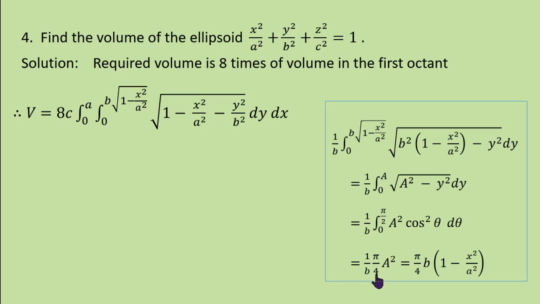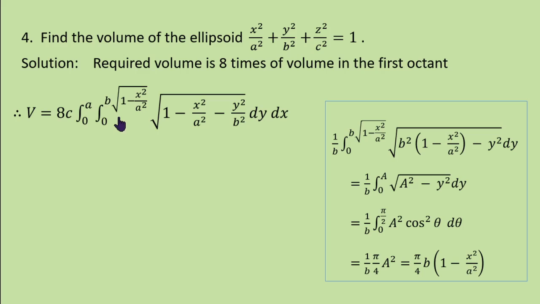So, pi by 4, here 1 by b into A square. But A square is nothing but b square into 1 minus x square by a square. So, this is b square into 1 minus x square by a square divided by b.